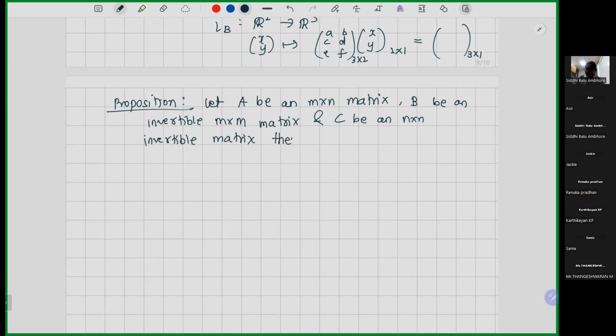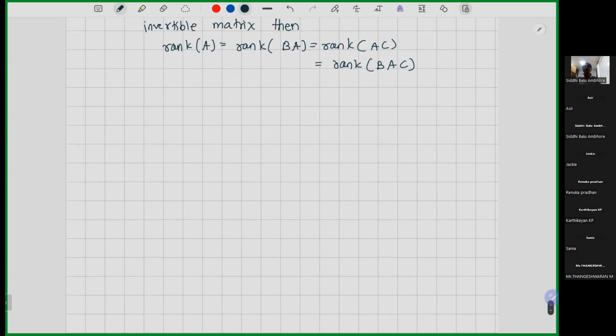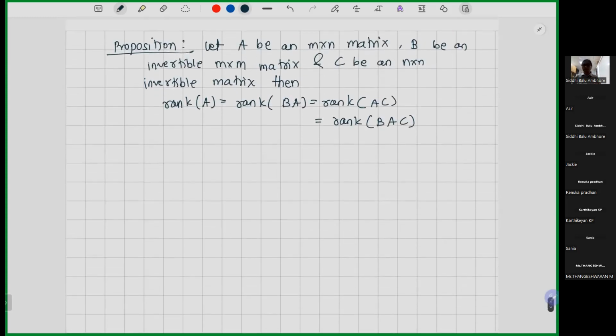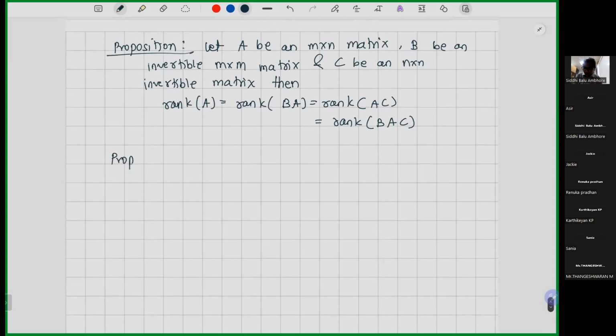Then we have that rank of A is rank of BA, rank of AC, rank of BAC. This is a proposition which is already proved.